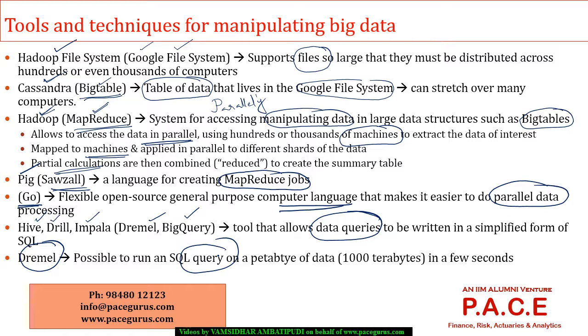So big data manipulation requires different architecture, different techniques for storing the data, for retrieving the data, as we have seen: Hadoop, Cassandra, Pig, Hive. All these are the various things that come into the picture when we are working with big data.